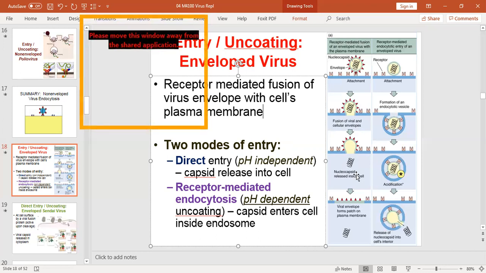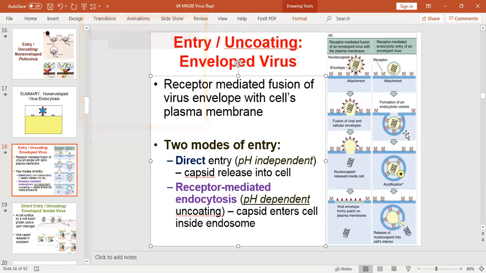Another pathway that enveloped viruses can use is called receptor mediated endocytosis, binding to a specific receptor again, and the formation of endocytic vesicles that pinch off or invaginate.